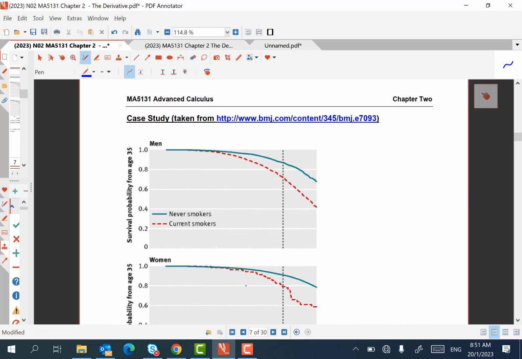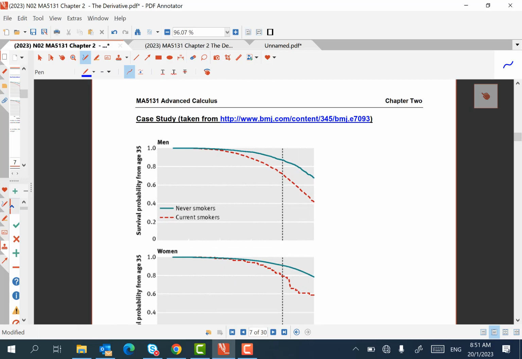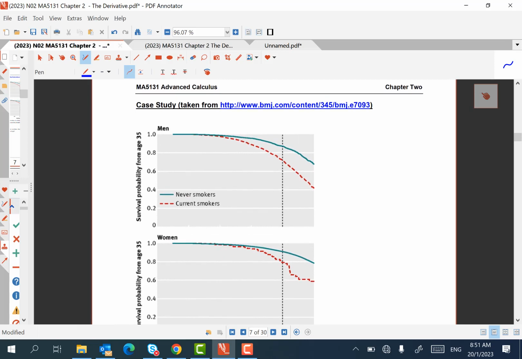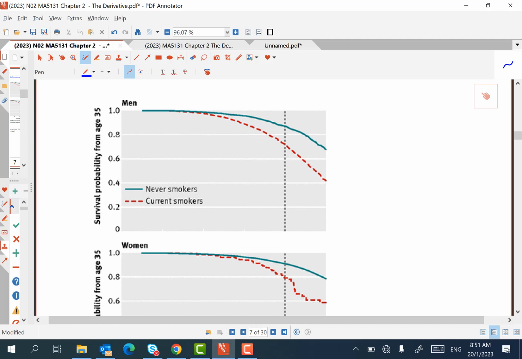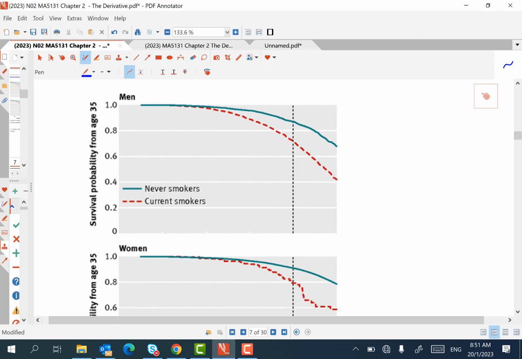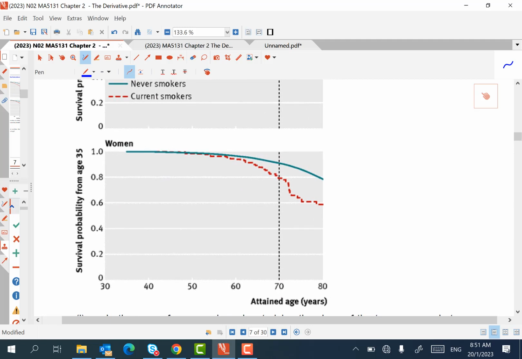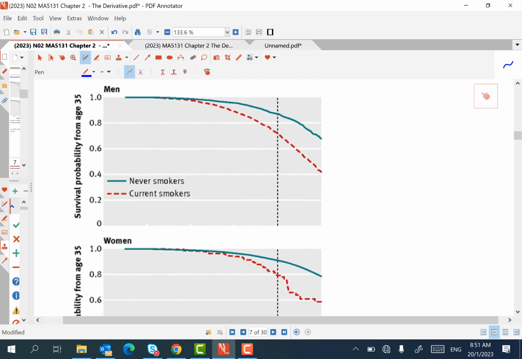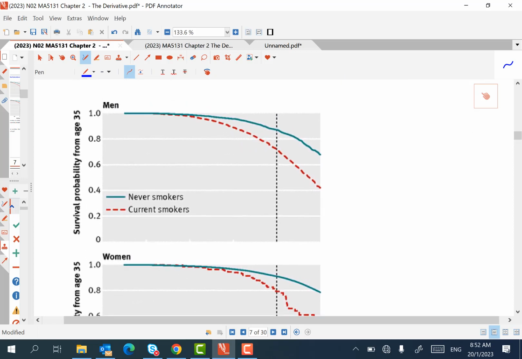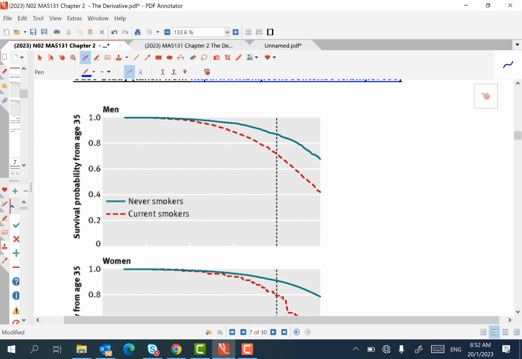Over here, it shows you two diagrams. One is actually the case of a man's lifespan, survival probability, versus, I think, the number of cigarettes, or age, teenage. As you go older, what's your probability? You're a smoker, for the case of man non-smoker and man smoker.